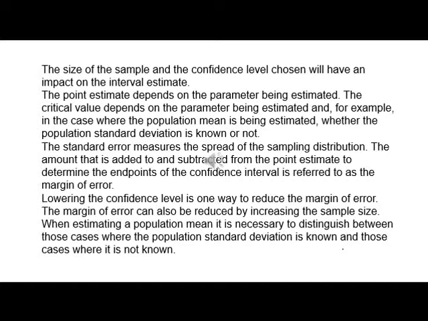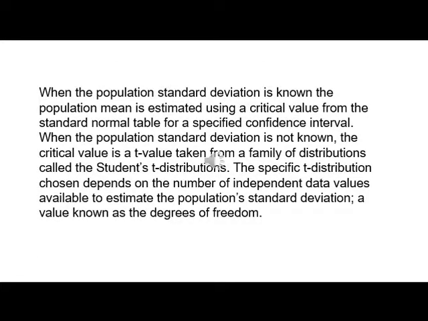When estimating a population mean, it is necessary to distinguish between those cases where the population standard deviation is known and those cases where it is not known. When the population standard deviation is known, the population mean is estimated using a critical value from the standard normal table for a specified confidence interval.